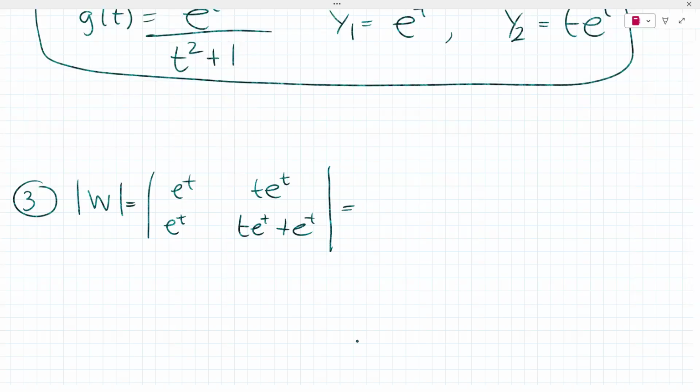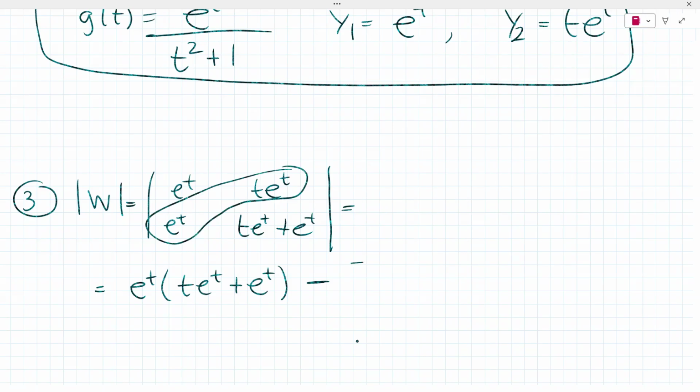So this is going to be e^t times (t e^t plus e^t), minus the multiplication of that, I'll use a bracket, e^t times t e^t.